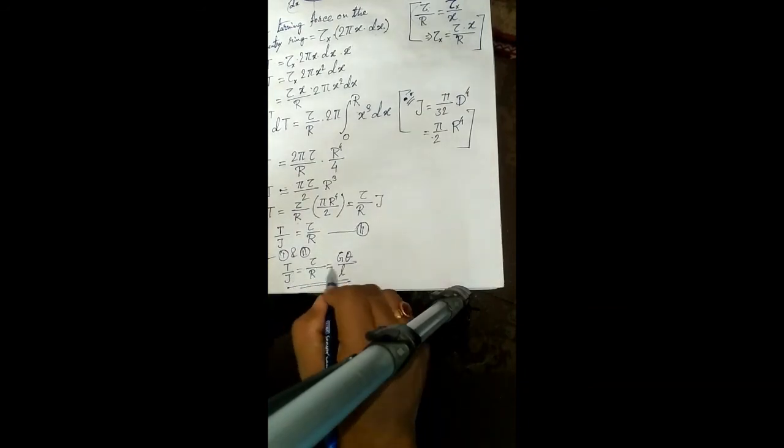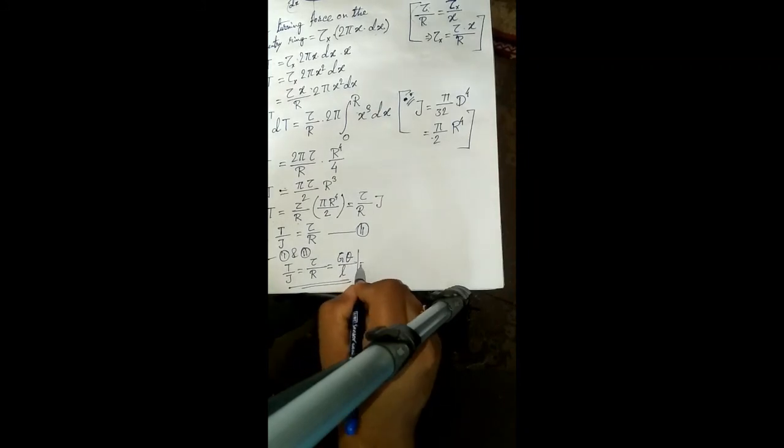So our torsion equation is T by J equals tau by R equals G theta by L.